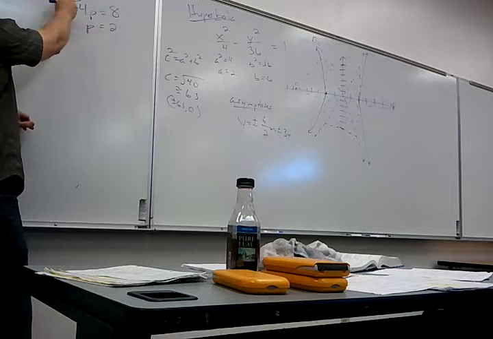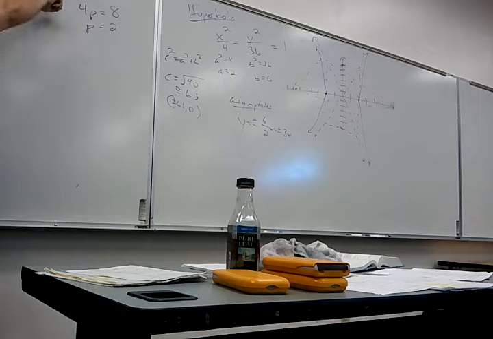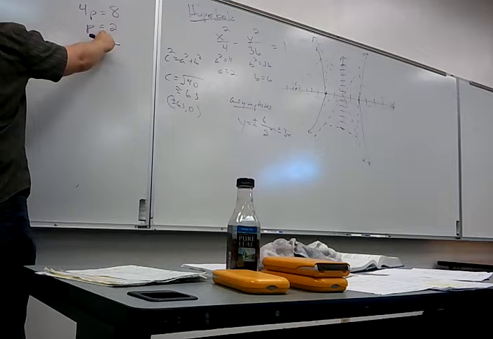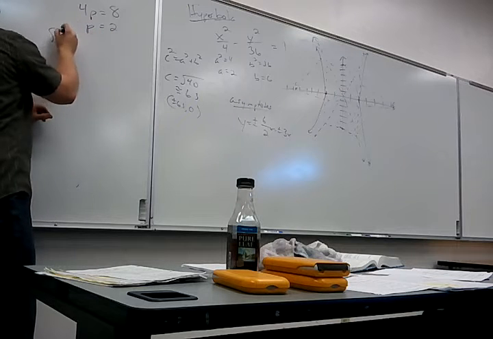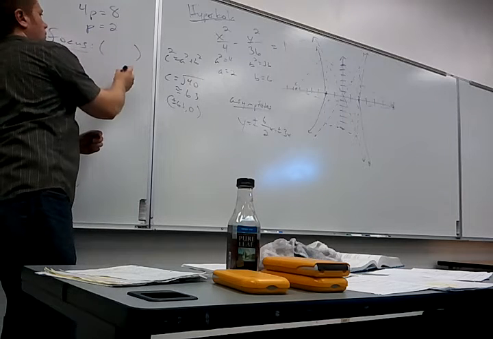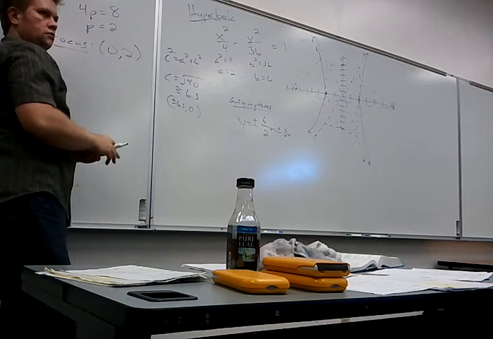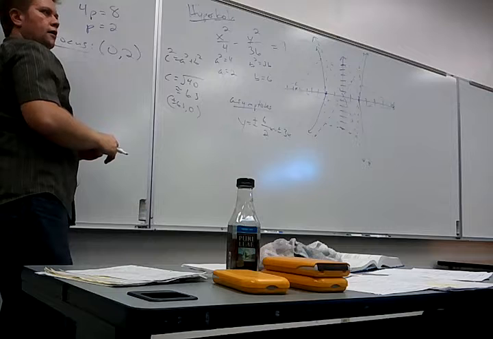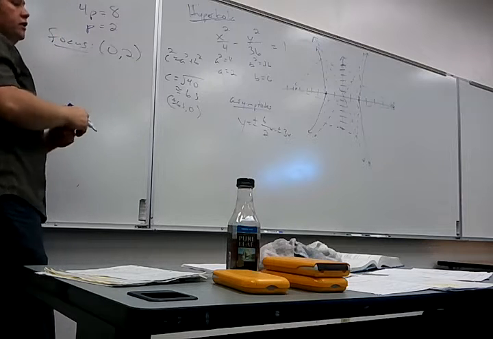This is obviously my standard parabola, meaning that it's not opening sideways. So this tells me the focus is going to be at 0, 2. There's nothing really to remember here.